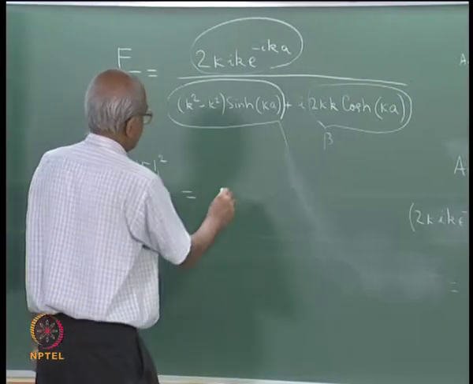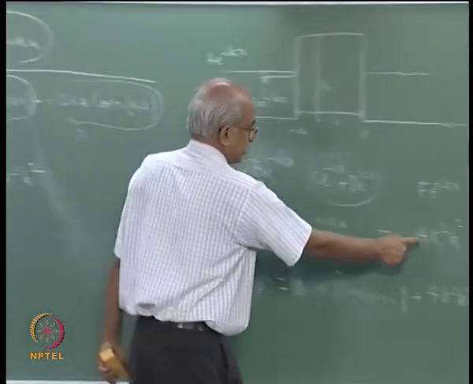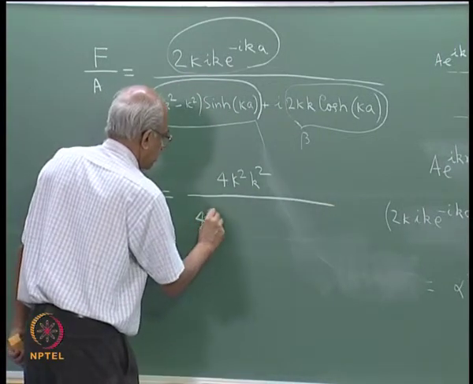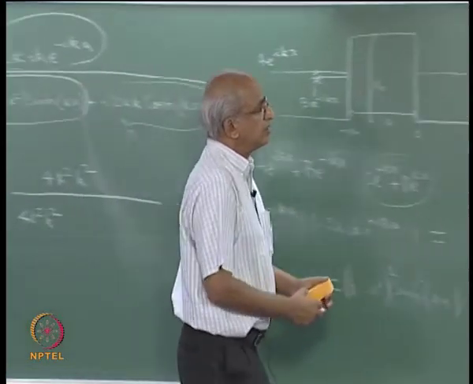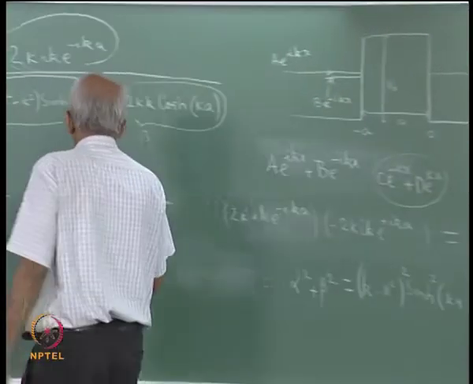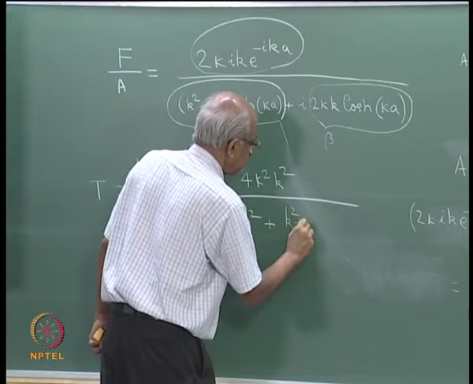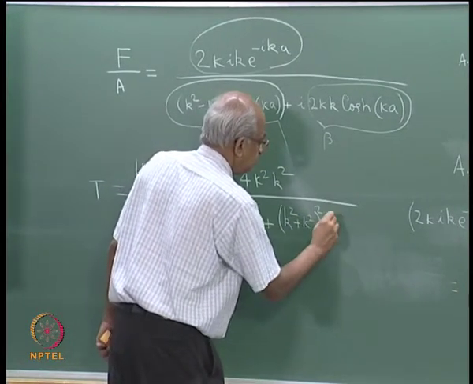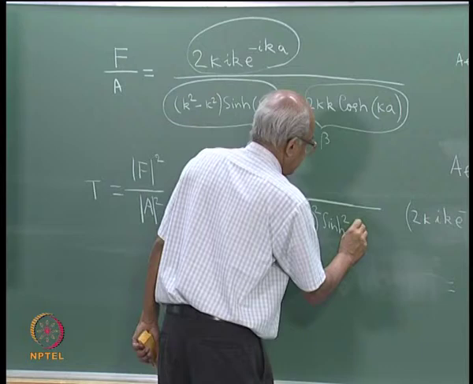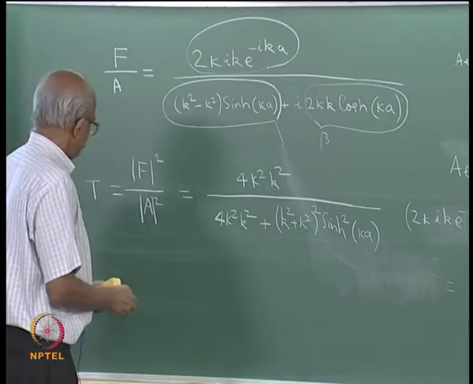If you collect all these results, the result is 4 kappa square k square, that is this term, divided by 4 kappa square k square, that is actually this term that I am writing, or this term that I am writing, so this is the answer for T.